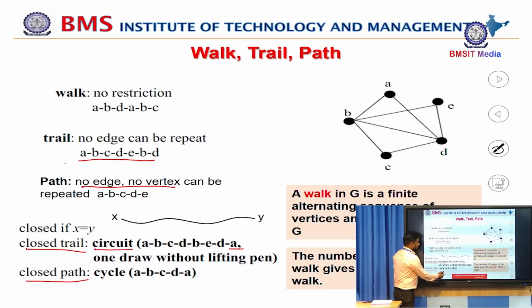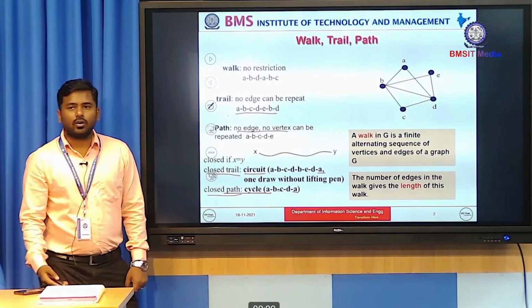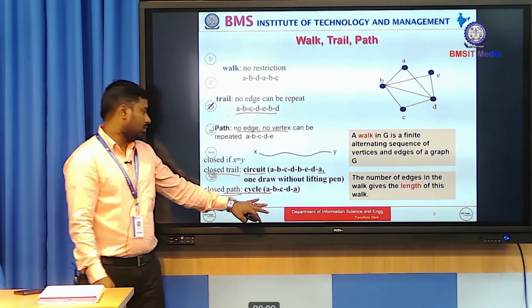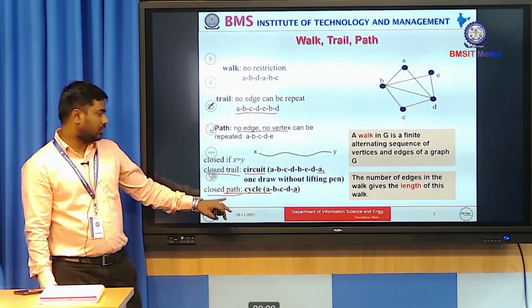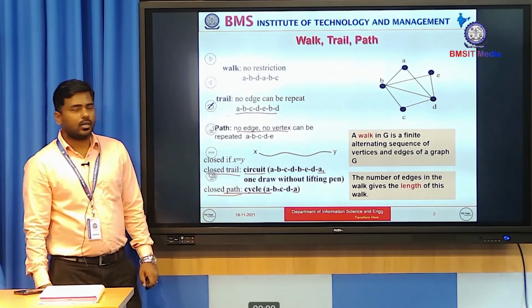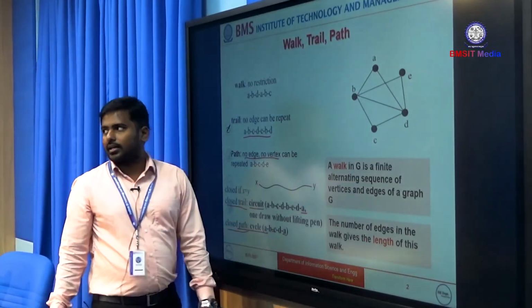Here is an example. You can see that I am starting with a vertex A and ending with the same vertex A. In between we have an alternate sequence of vertices and edges. These vertices and edges are not repeated. Such a walk we can call a closed path, which is a cycle. We can have any number of cycles in a graph.